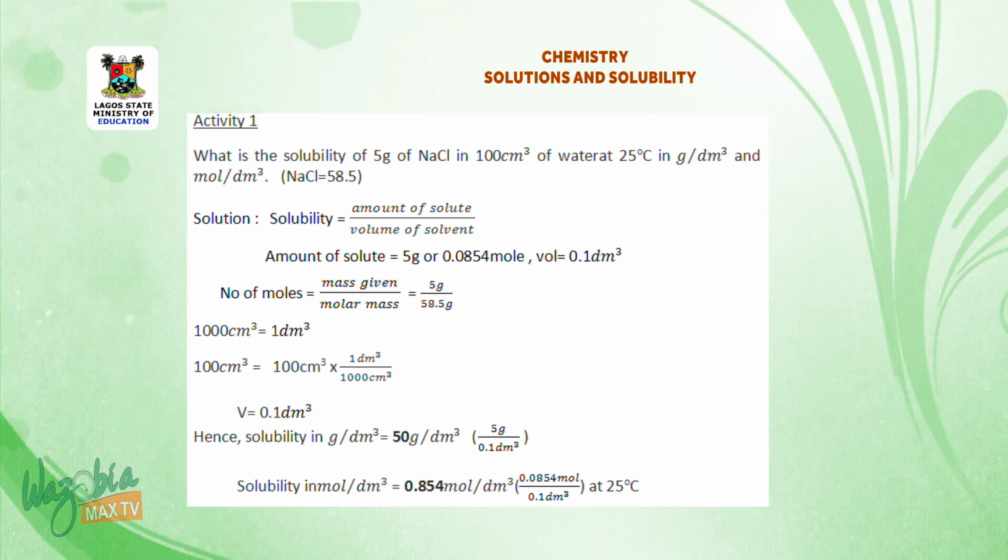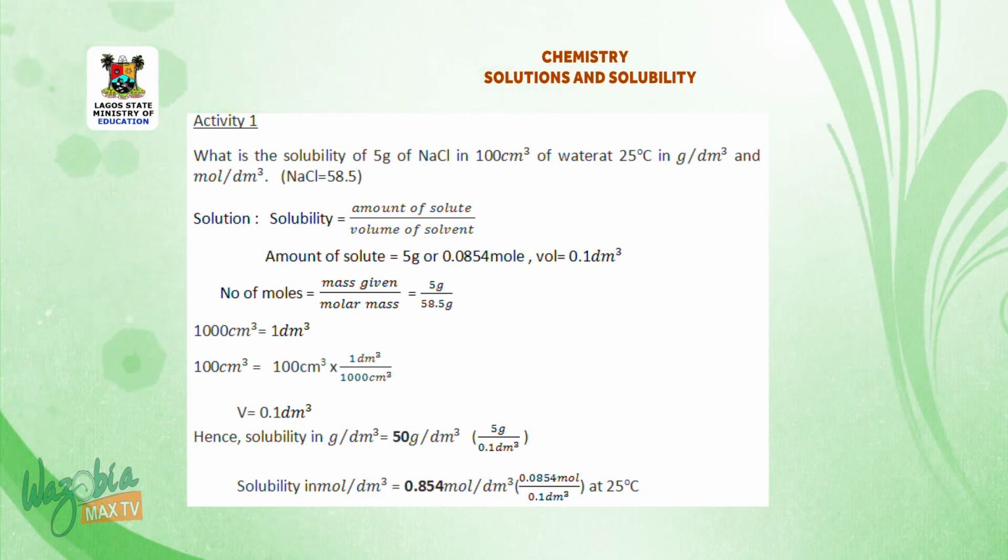Solution. Solubility equals amount of solute over volume of solvent. Therefore, the amount of solute is 5 grams. The volume is 100 cm cube, so it is converted to dm cube. Since 1000 cm cube equals 1 dm cube, 100 cm cube times 1 dm cube over 1000 cm cube is 0.1 dm cube.